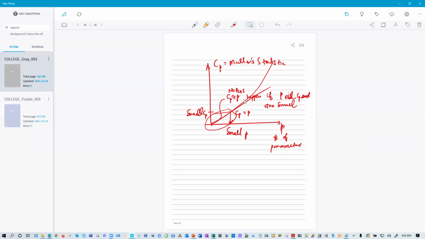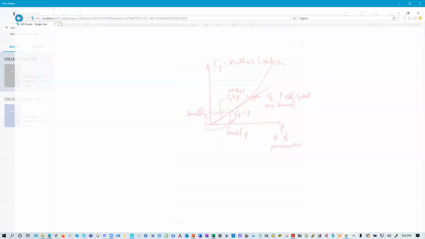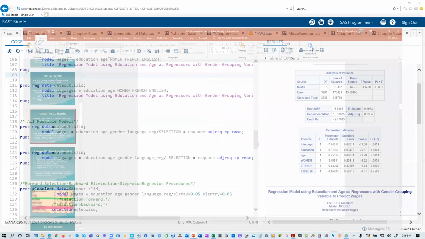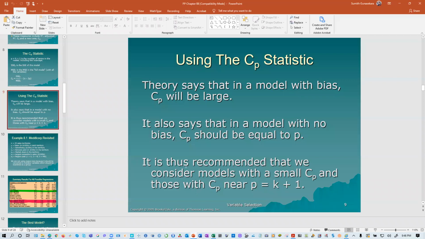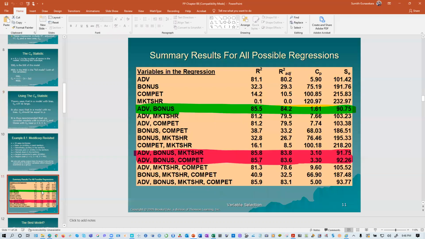CP equals P only if you have a small CP. Small CP means small P. It is recommended that we consider models with a small CP and those with CP near P. That is going to happen only for the smaller P. So the smaller the P and CP, the far better.